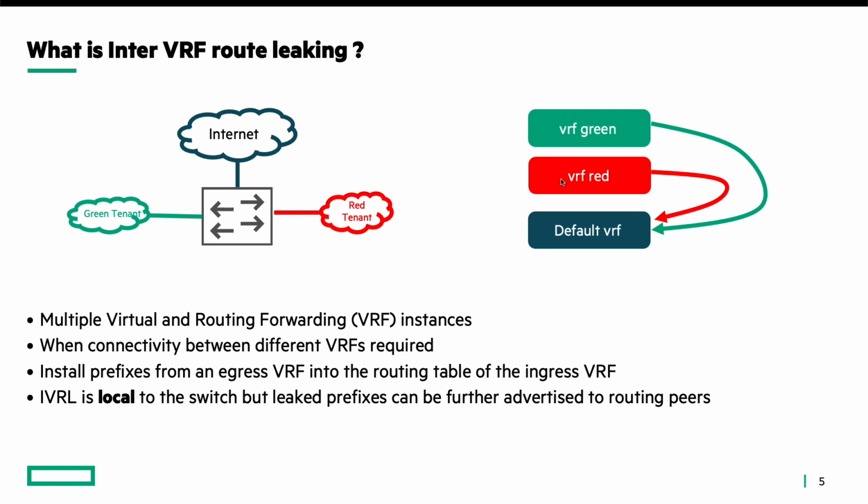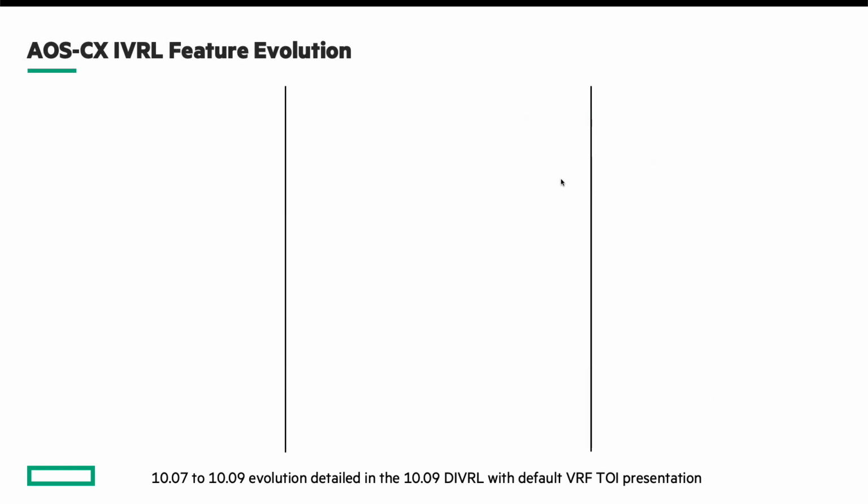This is a local process, so sometimes it can be a bit confusing: we can influence the leaking with neighbors, but not in this leaking process, which is purely local. Here we're manipulating the routing table of the local device. Then there are other possibilities to advertise these leaked routes to neighbors and peers, which we'll see later on.